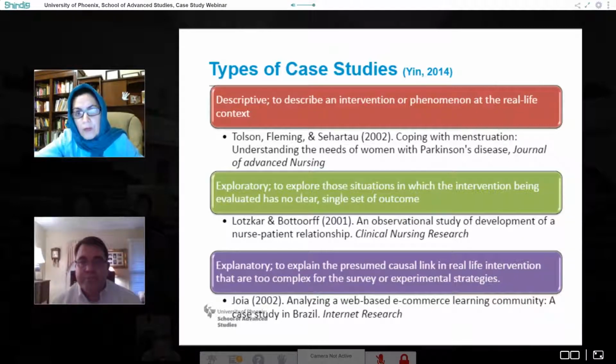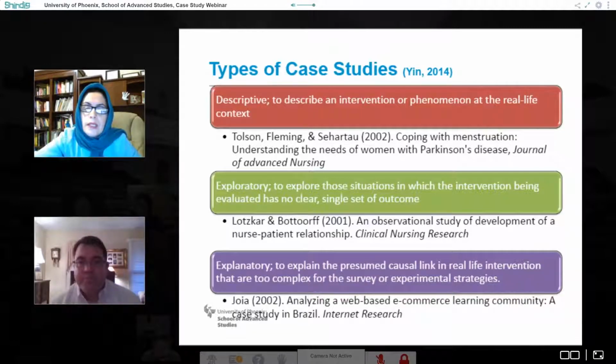So that's one type. The other one is exploratory. You try to explore the situation where usually one intervention or treatment is being evaluated. So there is one intervention or treatment, and you try to evaluate it and explore those sorts of situations.